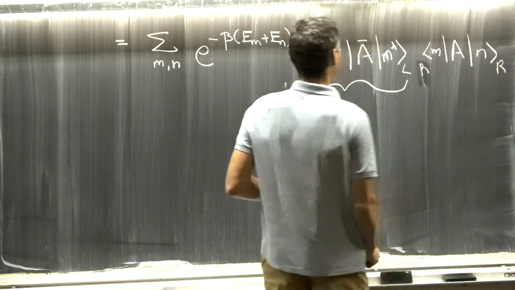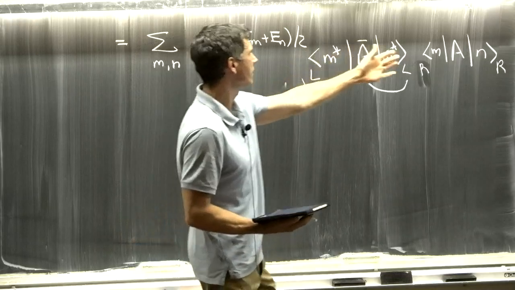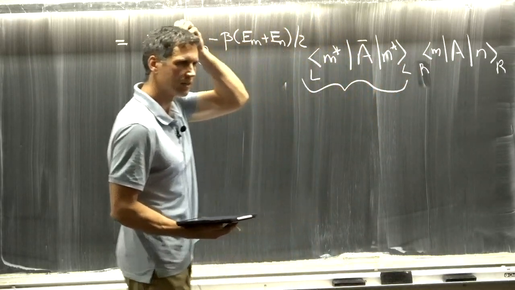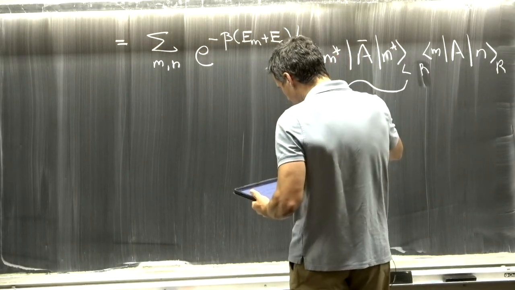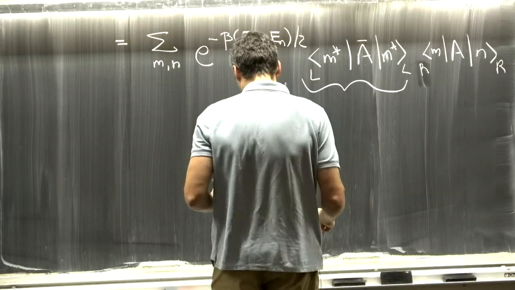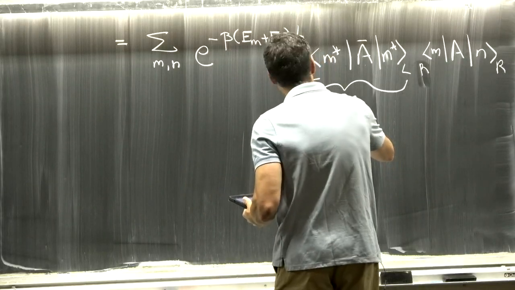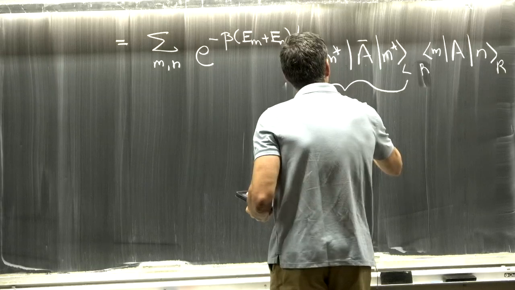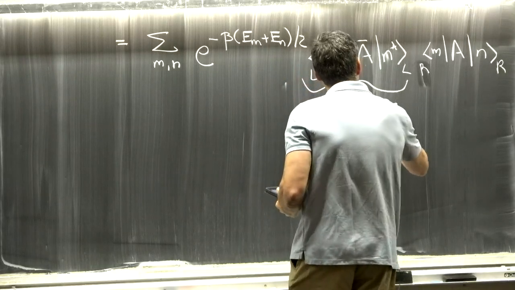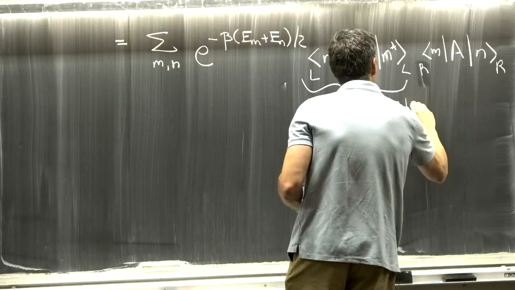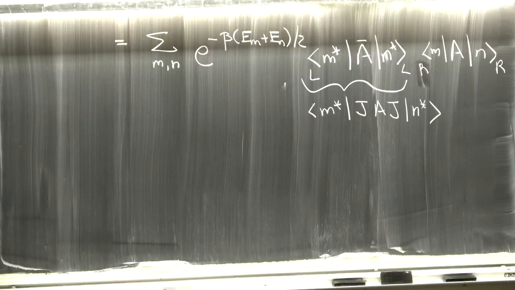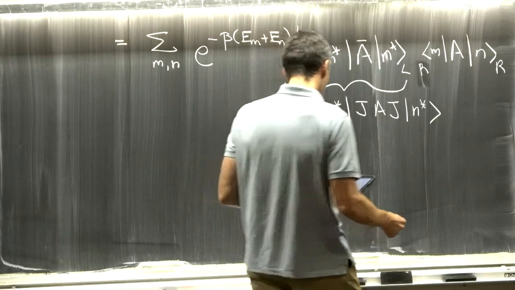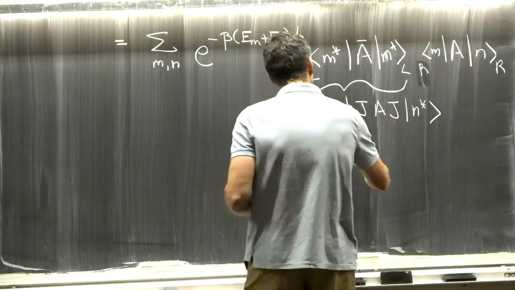Now, these two things are actually complex conjugates of each other. It takes a little bit of thinking to show that. One way to do this is using the definition of the reflection in terms of our anti-unitary operator J, so we can write this as M star J A J N star. A bar is defined by conjugating with the wedge reflection. But now J is an anti-unitary operator.